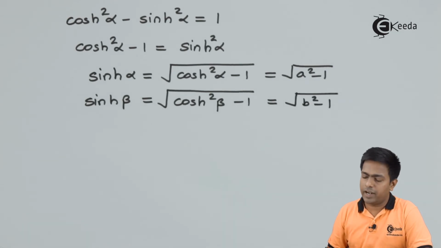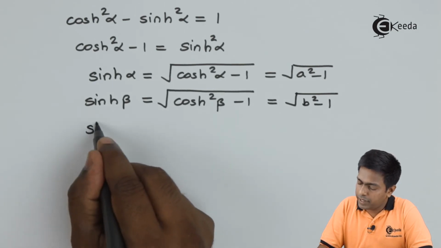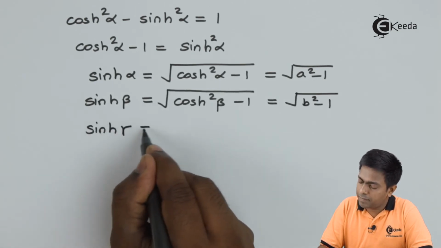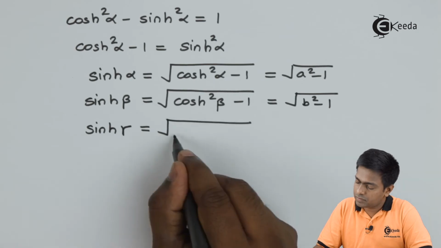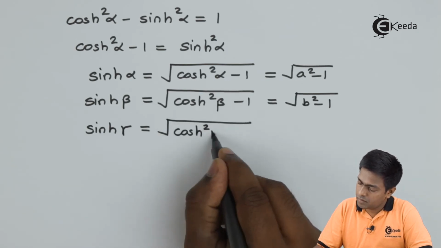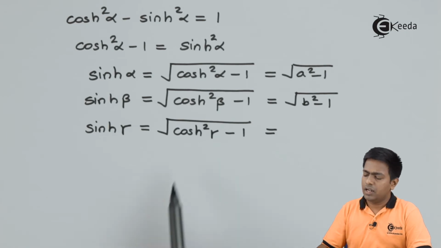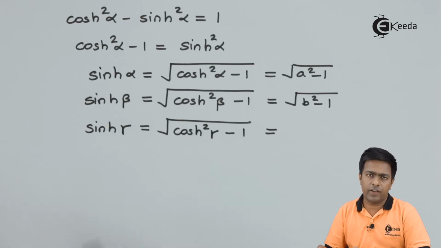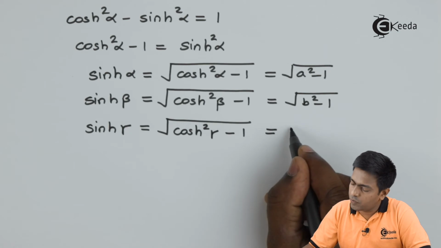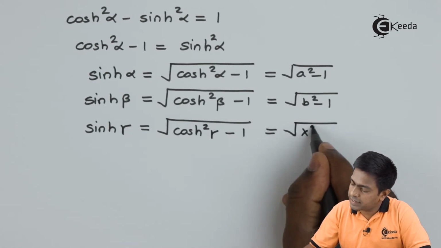Now similarly, we'll find out the value of hyperbolic sine of gamma, which is under root hyperbolic cos square gamma minus 1. Now for hyperbolic cos gamma, we have the value which is X, so we'll get under root X square minus 1.